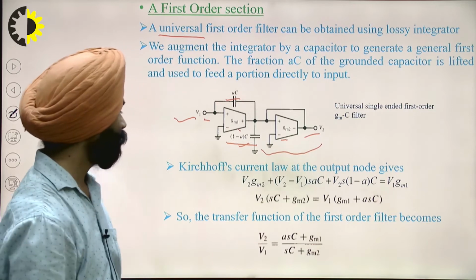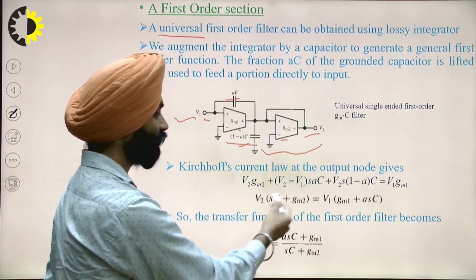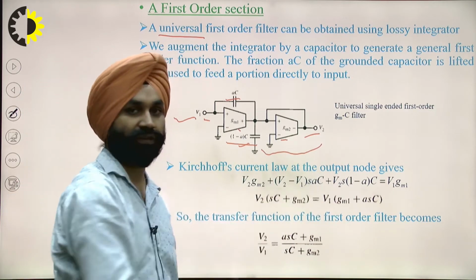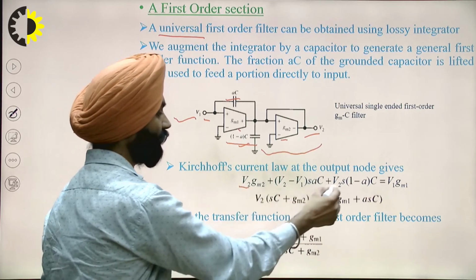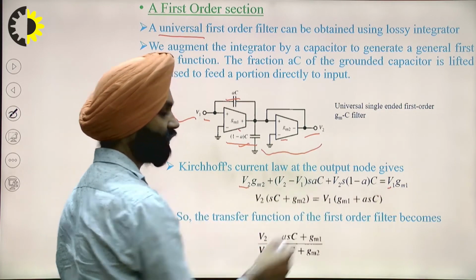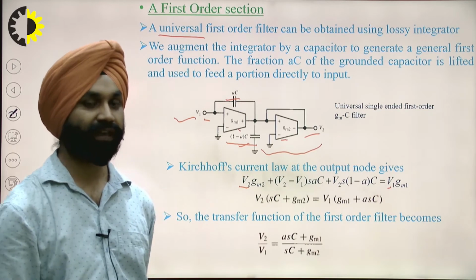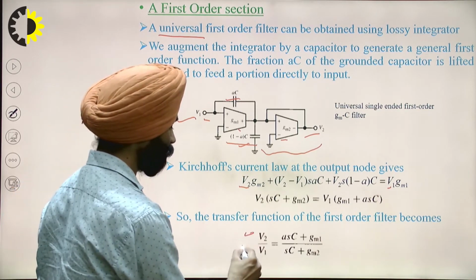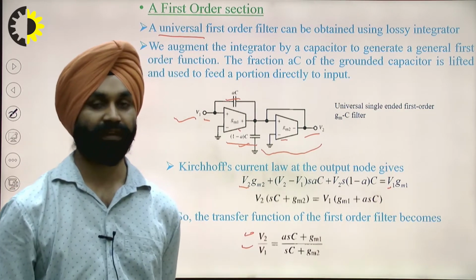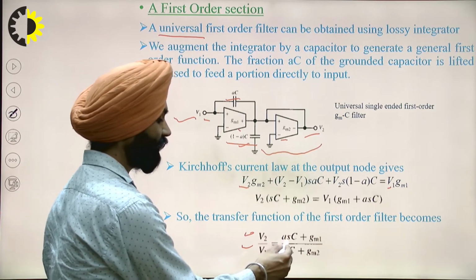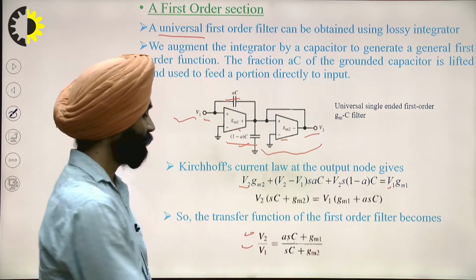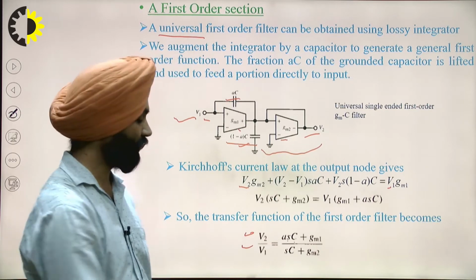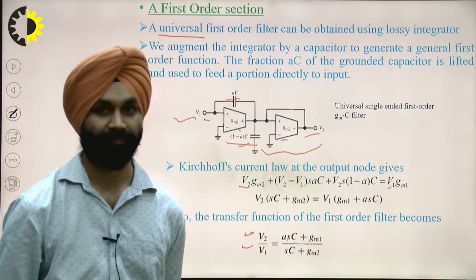So if we manipulate this equation, if we take out V2 and V1 from the different terms and take the ratio of V2 by V1, the ratio gives (A·SC + GM) upon (SC + GM).